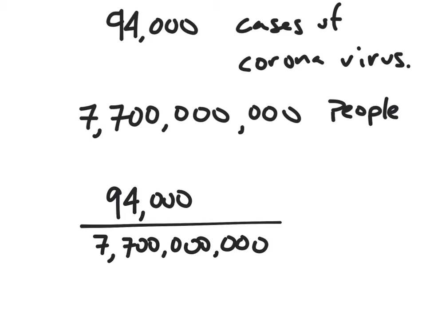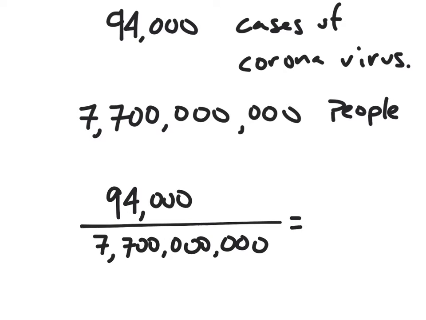So after I divide these two numbers, can you type in that many digits on your calculator? 94,000 divided by 7,700,000,000.